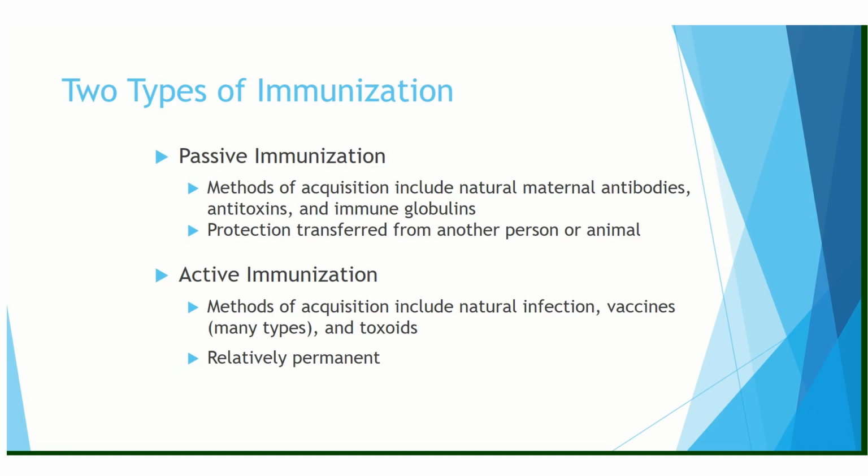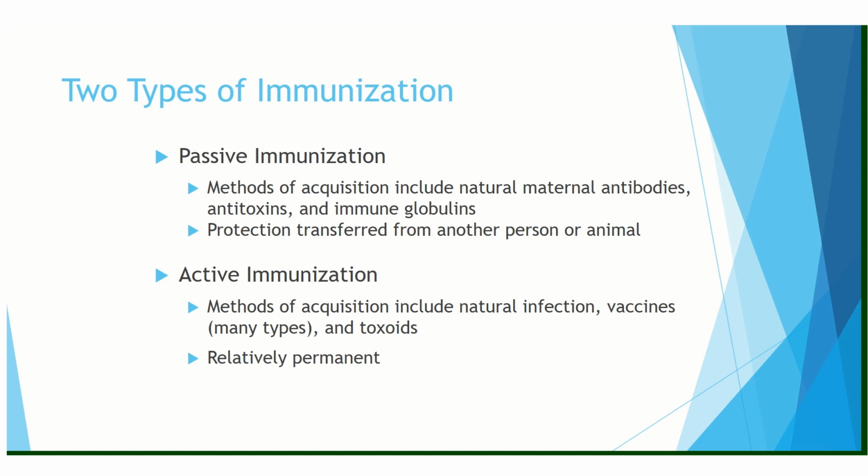So, what is passive immunization? That's immunization taken from one body to another body. That means protection is transferred from one person to another, or from an animal to a person.